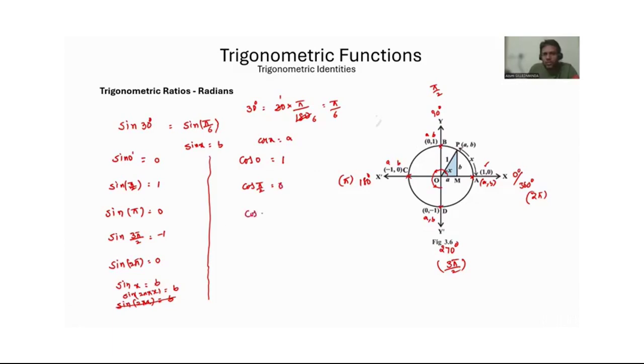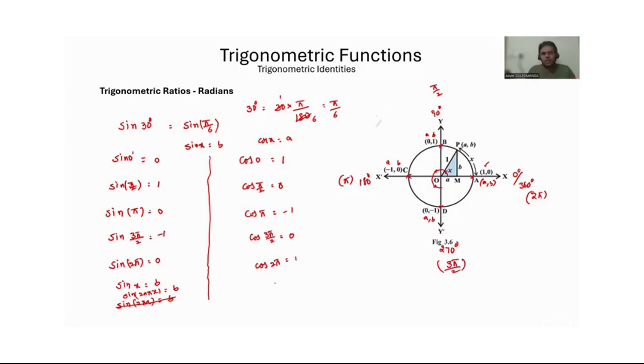Then what is the cos π value? Cos π is point c. So what is the a value? It's minus 1. And then what is cos 3π/2? Cos 3π/2 is point d. The a value is 0 there, right? And similarly, what is cos 2π? Cos 2π is again, what is that? 360 degrees or 0. That is again 1.